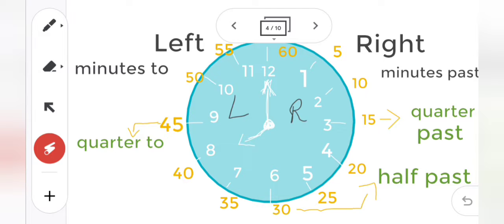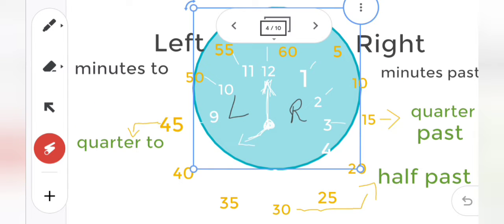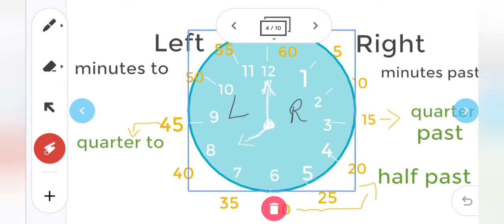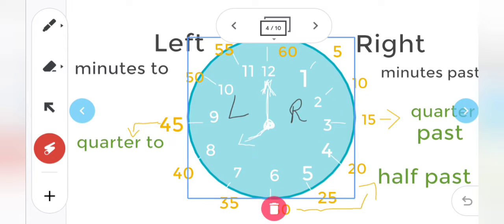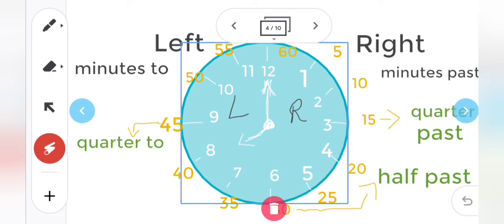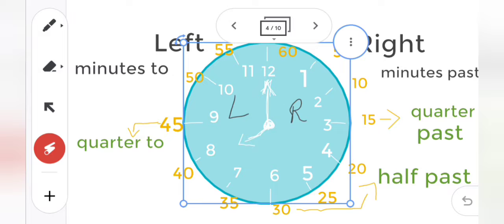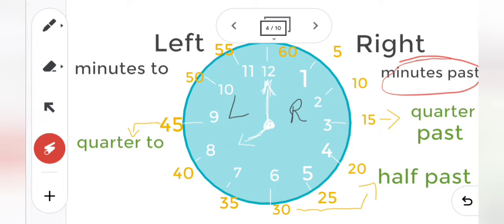You have to see whether the minute hand is on the right side or the left side. When the minute hand is on the right side, you read the minutes and write minutes past.